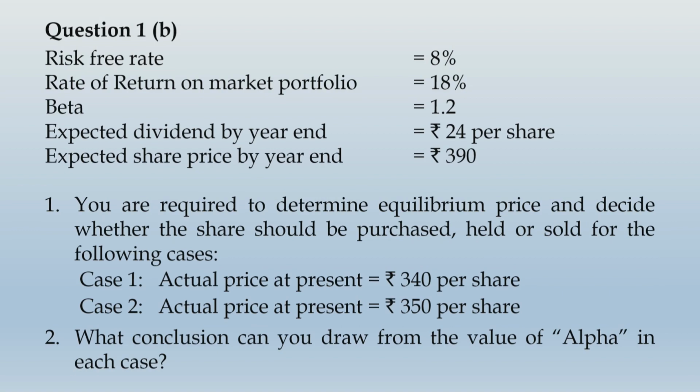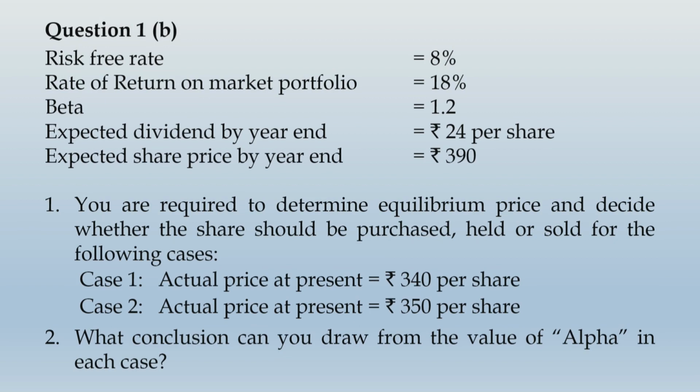You are required to determine the equilibrium price and decide whether the share should be purchased, held or sold for the following cases. Case 1, it mentions actual price at present is 340 per share, and case 2 mentions that actual price at present is rupees 350 per share.